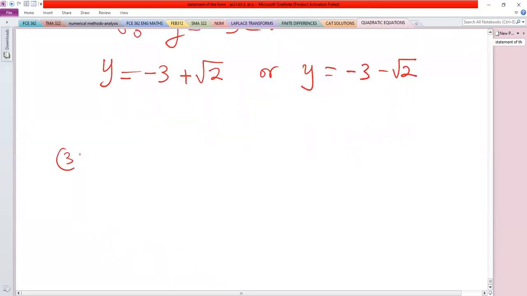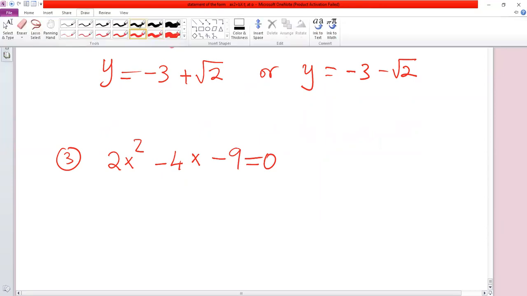Number 3, we have 2x squared minus 4x minus 9 equals to 0. Solution for this: first step, take constant term to the right-hand side.